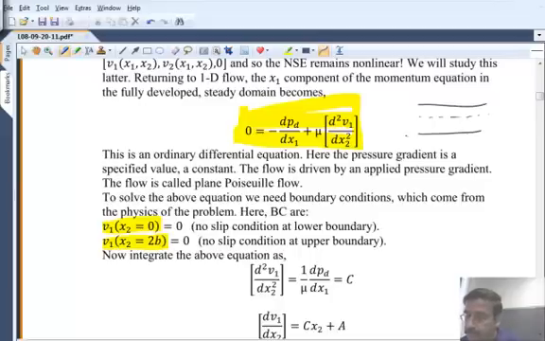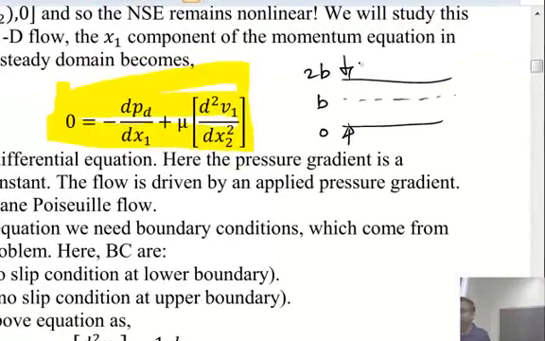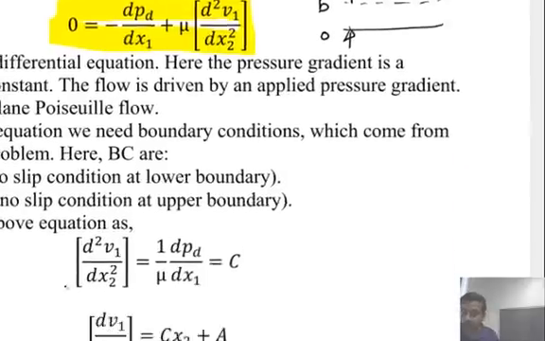Okay, so this is 0, this is b, and this is 2b. That is, the gap between the two plates is 2b. Okay, and that is the x2 direction or y direction. And this is the equation of motion.